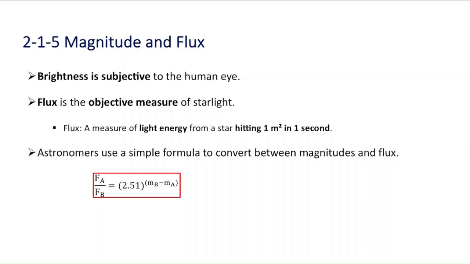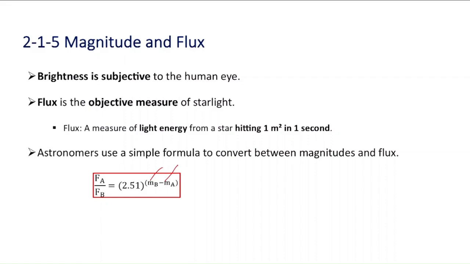So it says if the two stars have fluxes Fa and Fb, then the ratio of their fluxes, Fa over Fb, is equal to 2.51 raised to the power of the magnitude difference Mb minus Ma. So Mb is the magnitude of star B, Ma is the magnitude of star A.